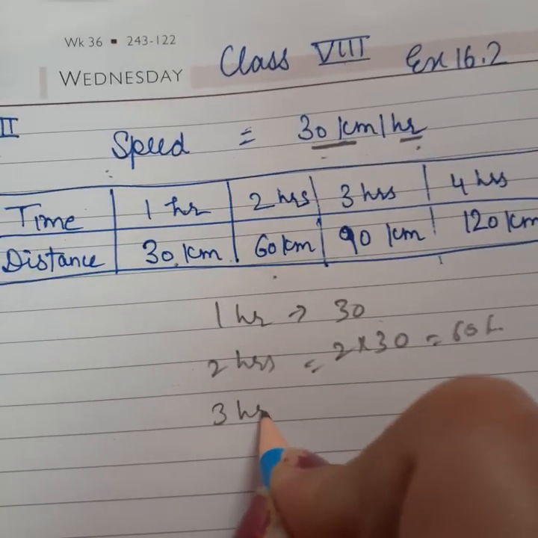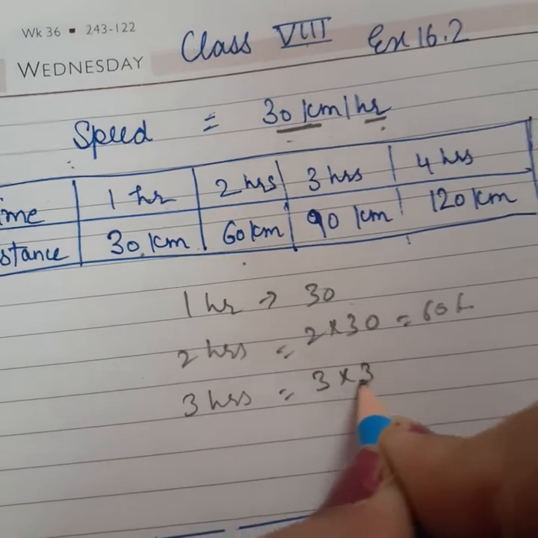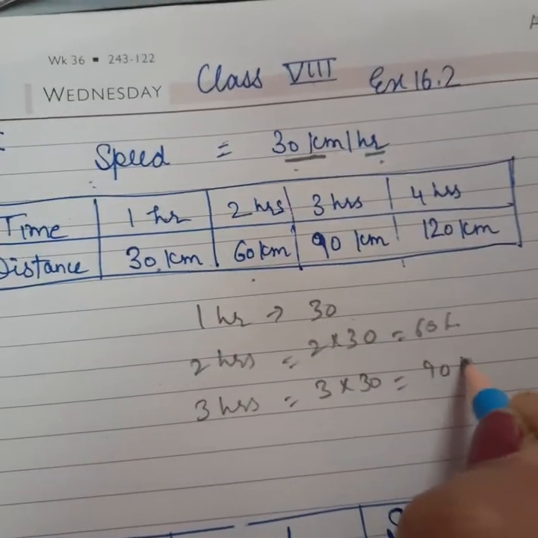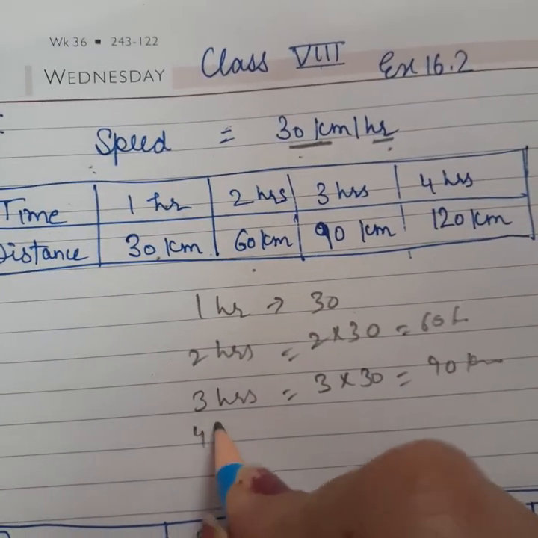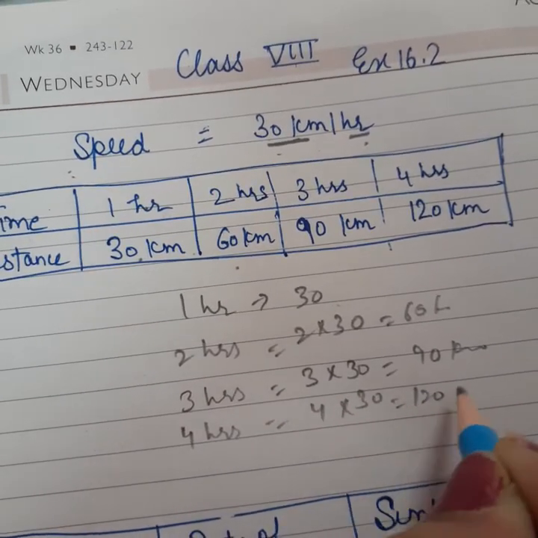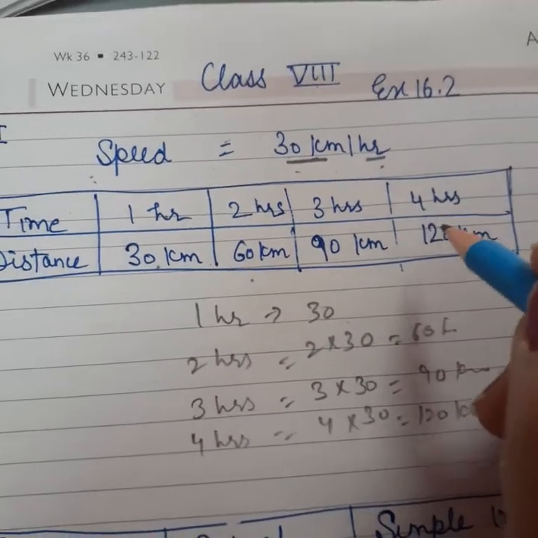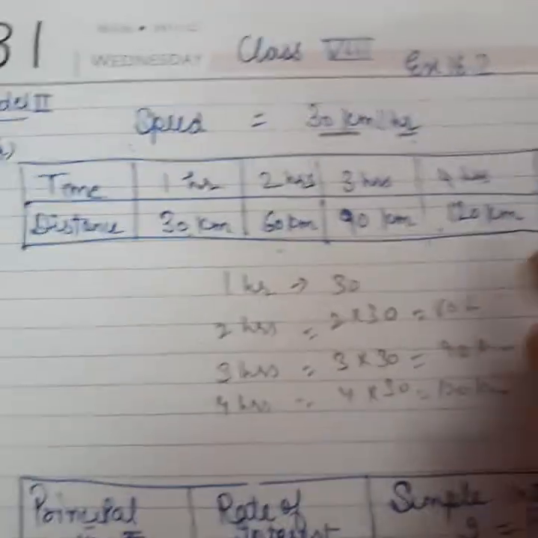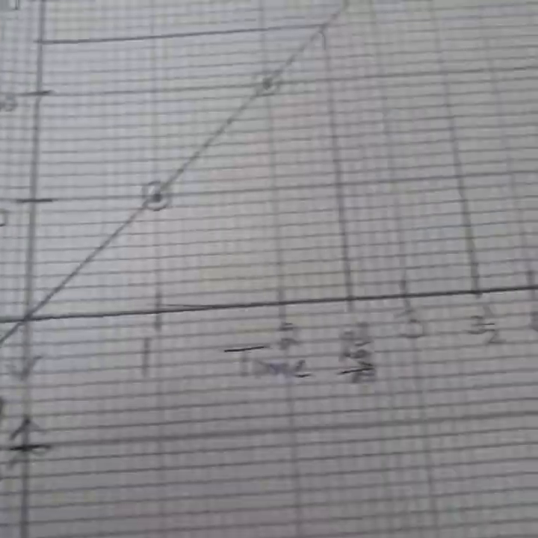Similarly in 3 hours, 3 multiply 30, that is equal to 90 kilometer. And in 4 hours, 4 into 30, that is 120 kilometer. Right? So we make a table here and then draw the graph.